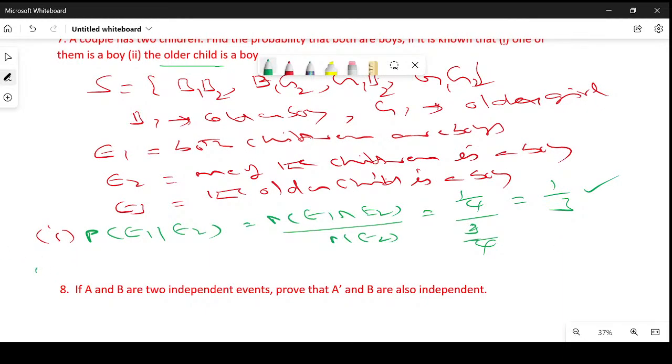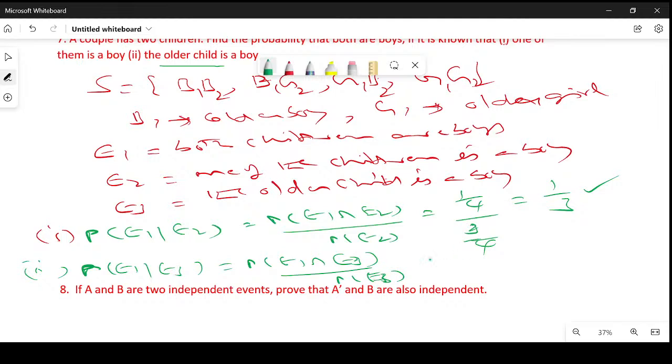I can find the probability of E1 by E3. The same thing: you can write P of E1 intersection E3 by P of E3.